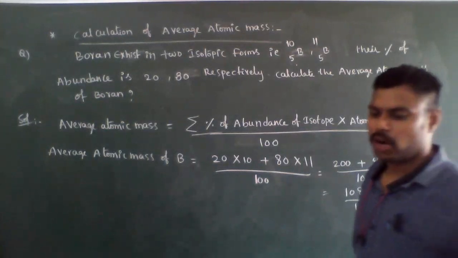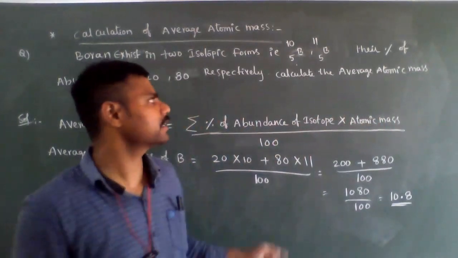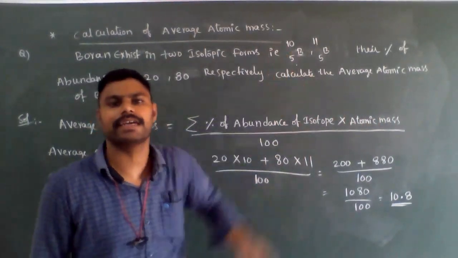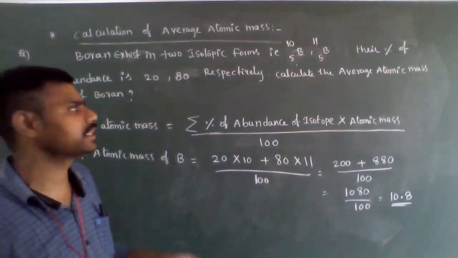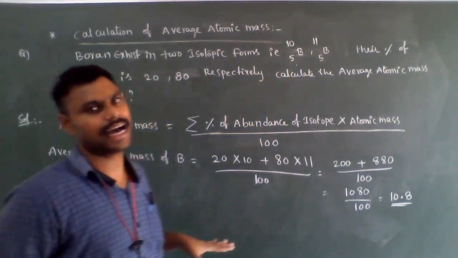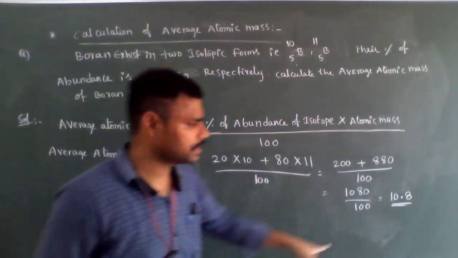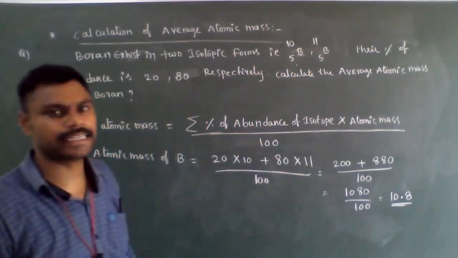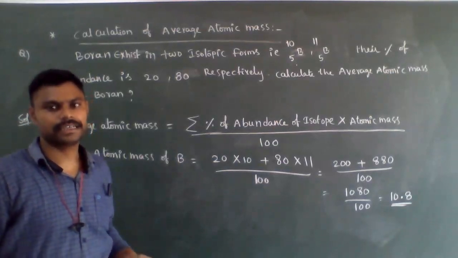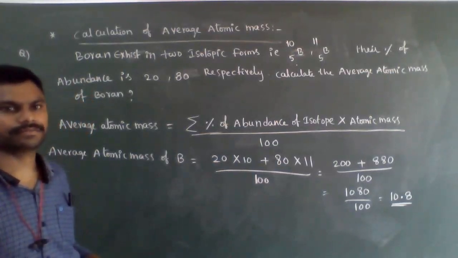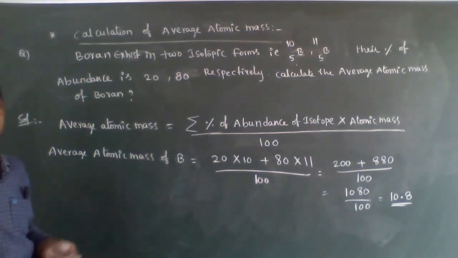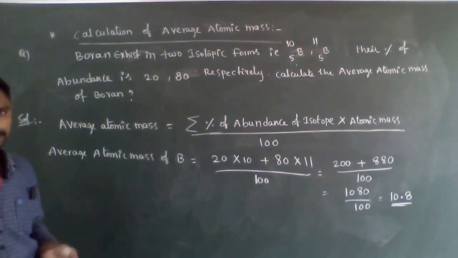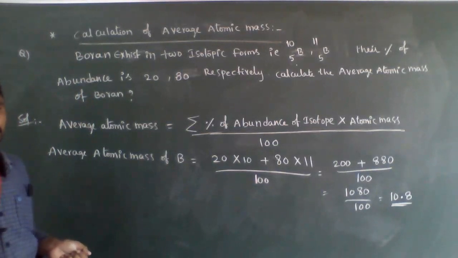That's why, approximately 10.8, generally we consider boron as 11 only. In the table, what is the atomic mass of boron? Generally we use 11, but exactly the boron atomic mass is 10.8. Okay, this is a very, very important mass. Okay, clear?